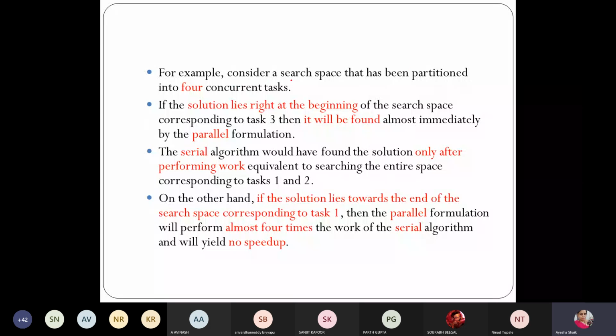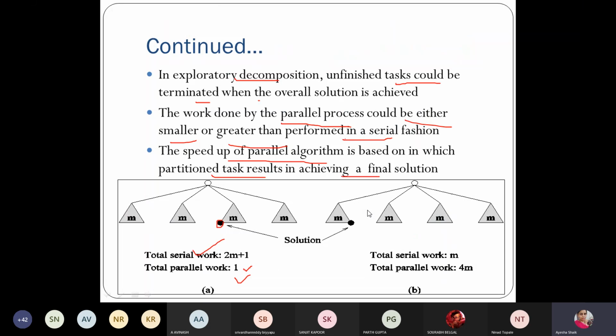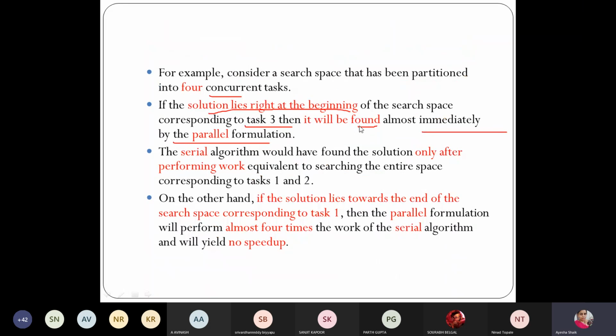If we take such a space which has been partitioned into 4 concurrent tasks, and the solution lies right at the beginning of the search space corresponding to task 3, then it will be found almost immediately by the parallel formulation.